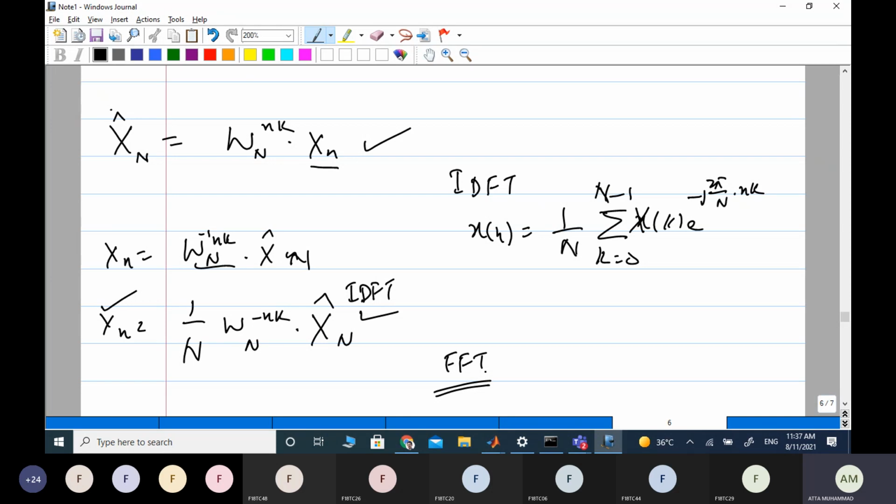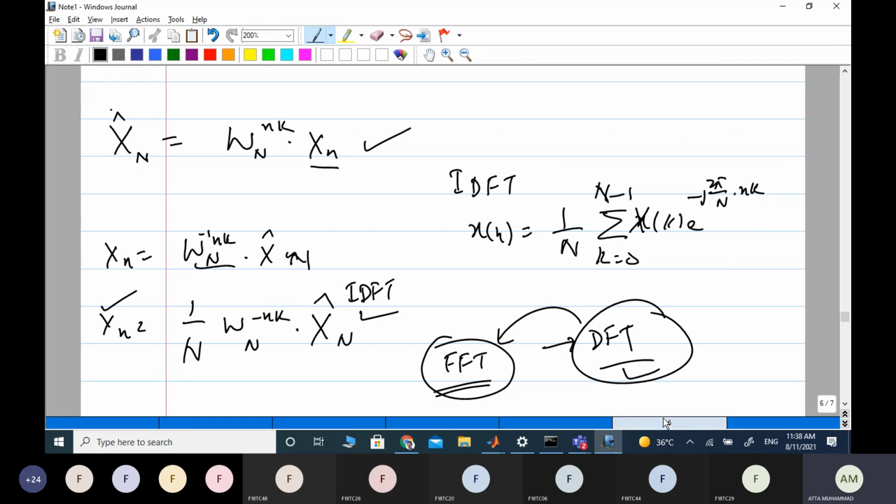Fast Fourier transform is not a separate transform, it is just an efficient method to compute the DFT, right? So in coming lectures, we will see how to construct FFT from DFT. And again, I say this is not a separate transform. It is just an efficient algorithm to compute discrete Fourier transform.